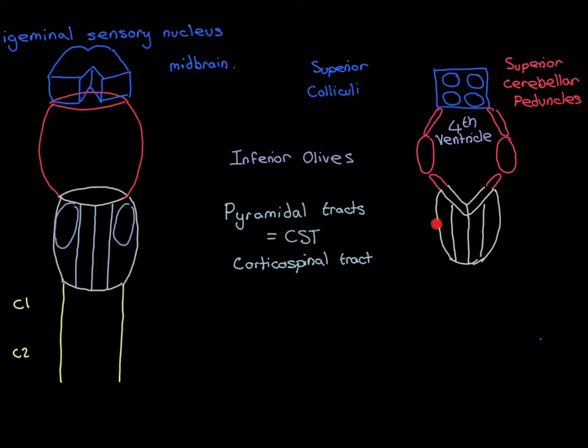So overall, if you were walking over this, you'd go over one hill, then another hill, then another hill, and then another hill. So four little hills here that extend all the way down the back of the medulla, and these are actually where the dorsal column nuclei are. So this is the nucleus gracilis, and this is the nucleus cuneatus.